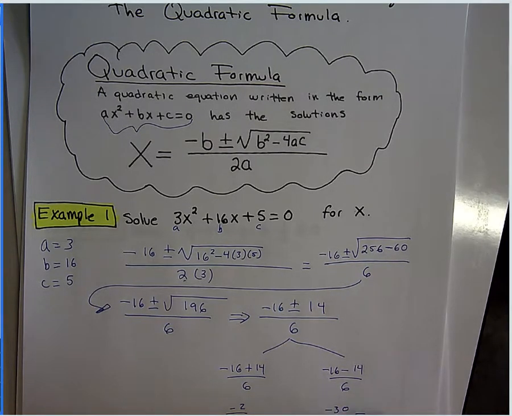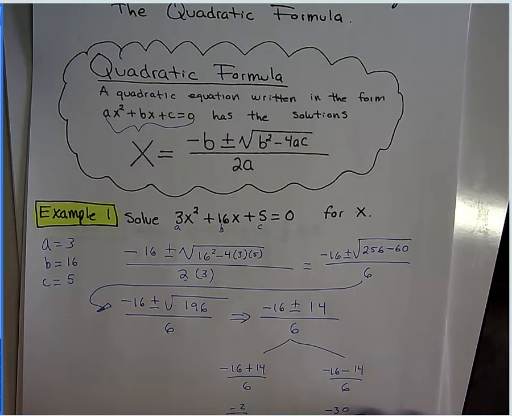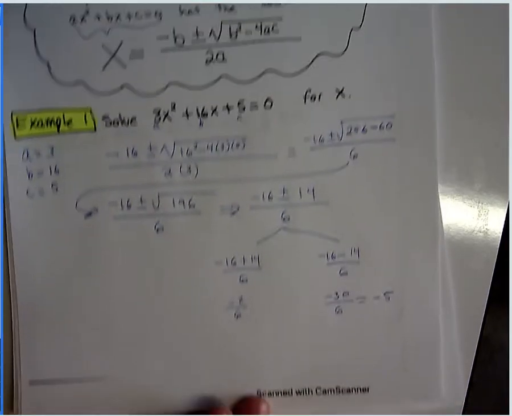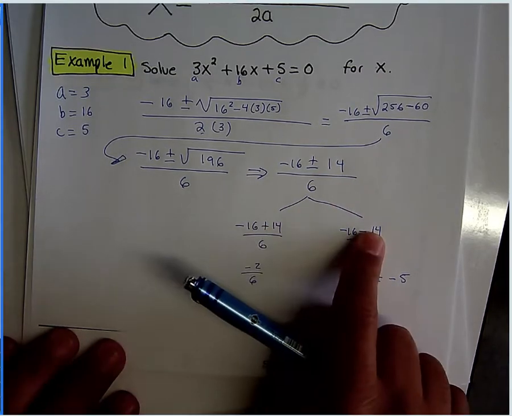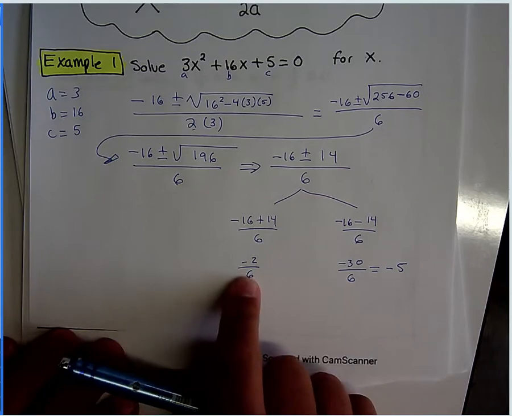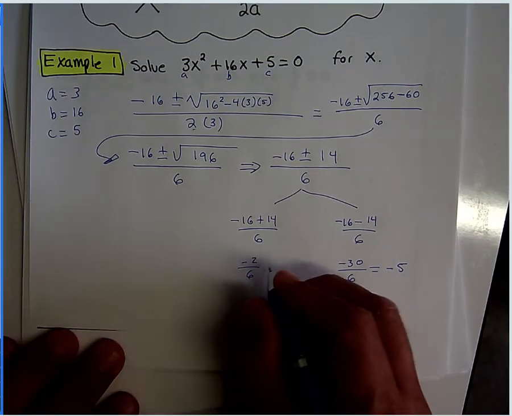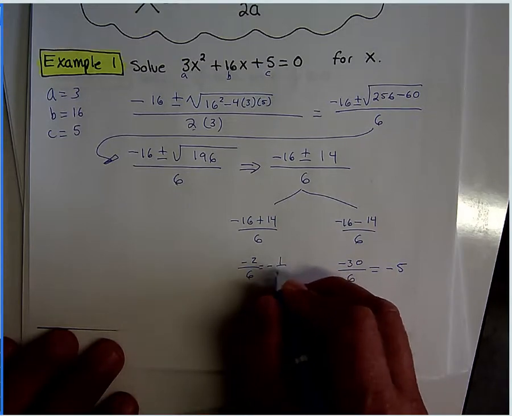Negative 30 divided by 6 gives me negative 5. So I separated them, and this one gives me negative 30 over 6, and this one gave me negative 2 over 6. So this is just negative 1/3.